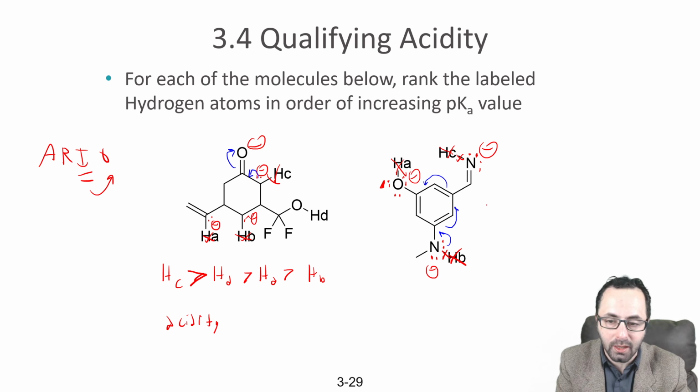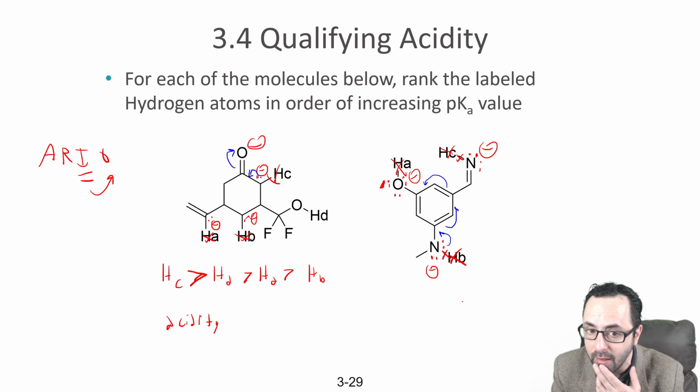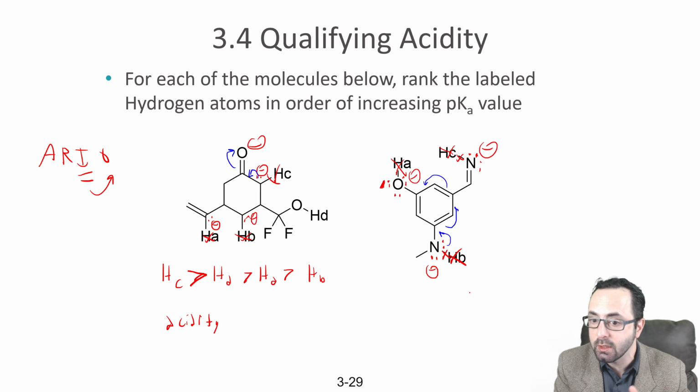Okay, so when it comes to the relative stability, we do atom first, and this one also has resonance. Notice this is also an allylic lone pair, so it will have its own resonance. So it's got atom and resonance. So HA is going to be the greatest in terms of acidity.